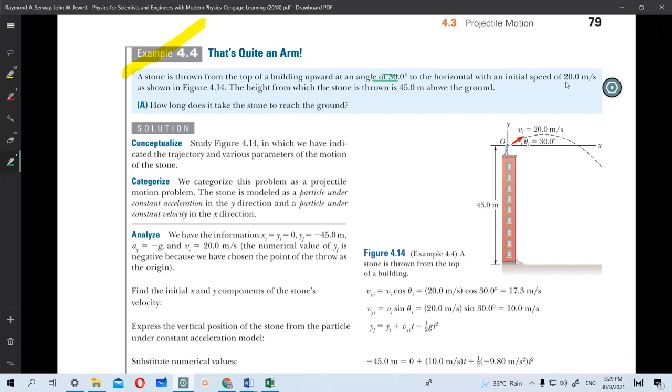Later we need to modify it so that it has directions as shown in the figure. So how long does it take to reach the ground? If it does reach the ground, then this is our initial position and this is our final position.